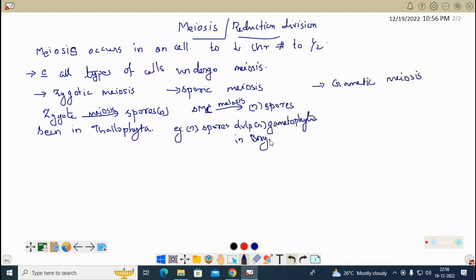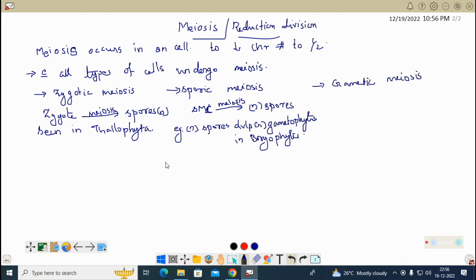What about the pteridophyte? In pteridophyte, the haploid spores which are produced will develop as the prothallus, that is the gametophyte. That prothallus will develop the antheridia and archegonia. From there, the real gametes will be formed by mitotic division, right?